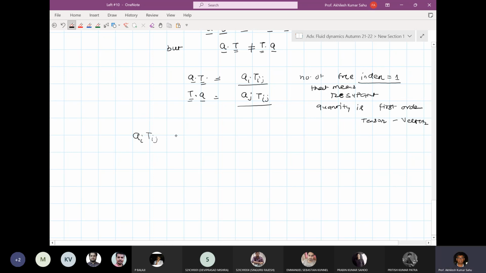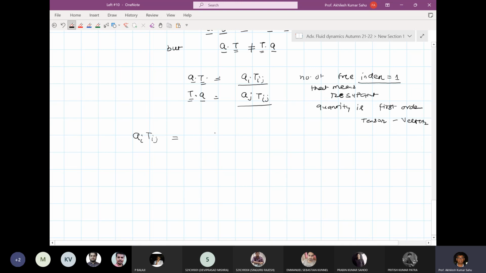So a_i T_ij. If I expand this, it will be what? The repeated index is i. So that means for a given value of j, you have to find the sum for all possible values of i.